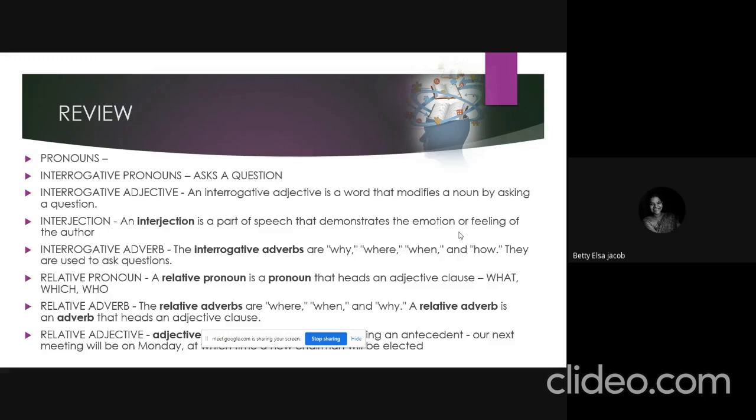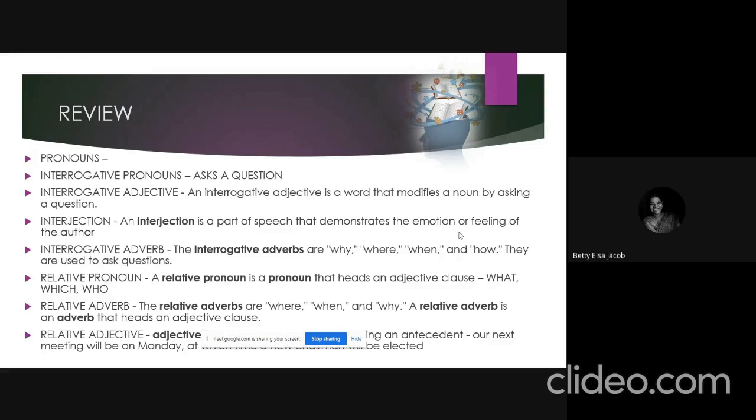Interrogative adjectives are very similar. Wherever you see the word interrogative, remember that those will be the words which come in a question. Pronouns like what, which, who are interrogative pronouns when they come in the form of a question.